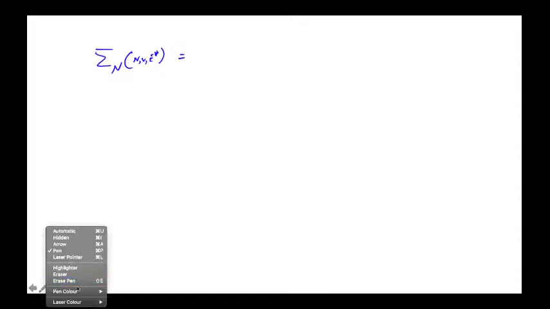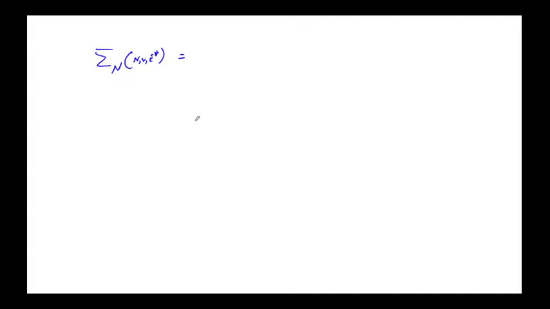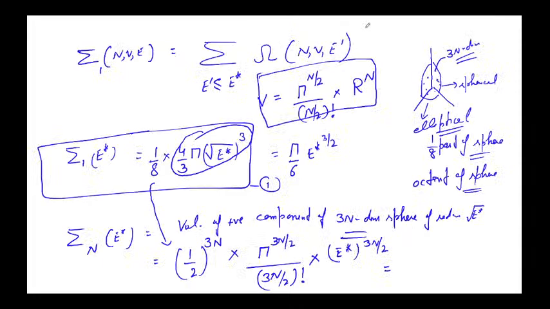So this equation comes out to be, let us change the pen color, what we have written: 1 by 2 to the power 3N into pi to the power 3N by 2 over 3N by 2 factorial into the radius, that is square root of E star to the power 3N.